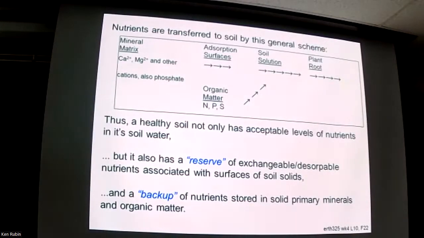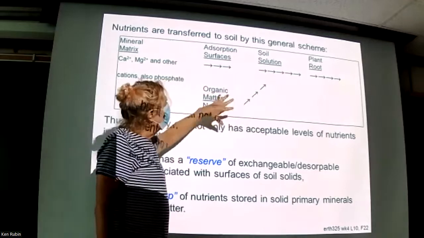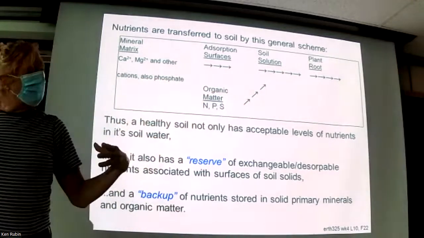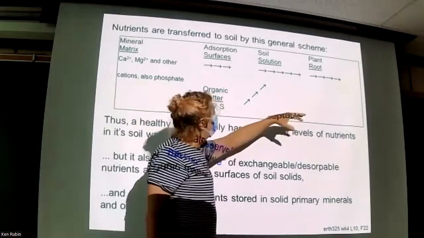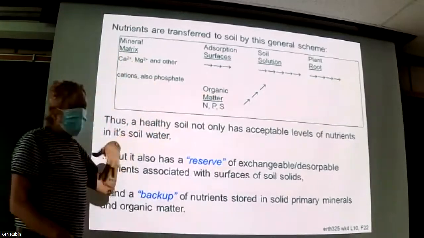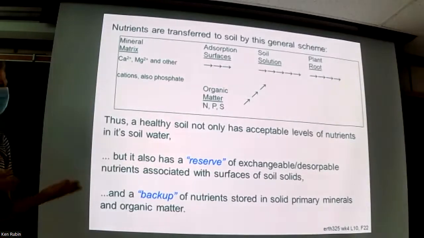So from the perspective of providing nutrients to an ecosystem, there's like three levels of material in reserve before we get to the root of a plant, right? There's the minerals that make up the matrix of the soil, whether we're down in the saprolite or higher up.